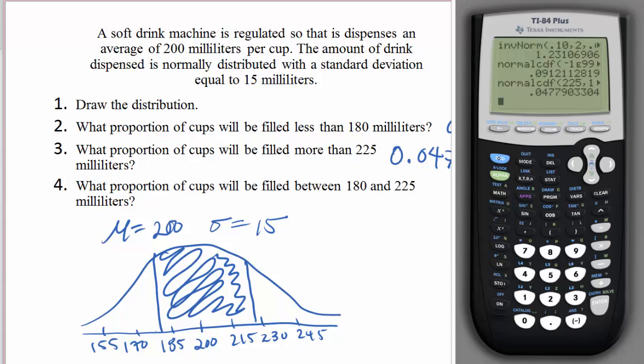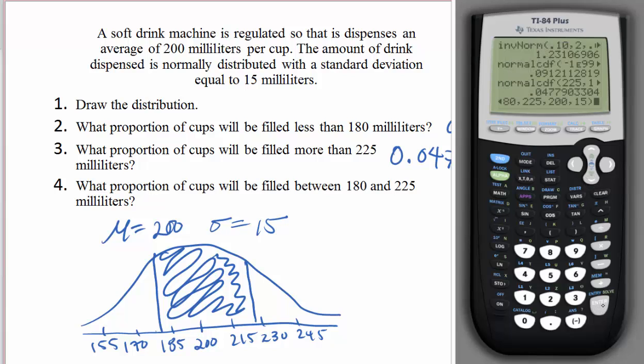So let's go ahead and find out what it is using our TI-84. Go to second distribution and the normalcdf command again. In this case, our lower bound will be 180. The upper bound will be 225. And our mean and standard deviation are already filled in.